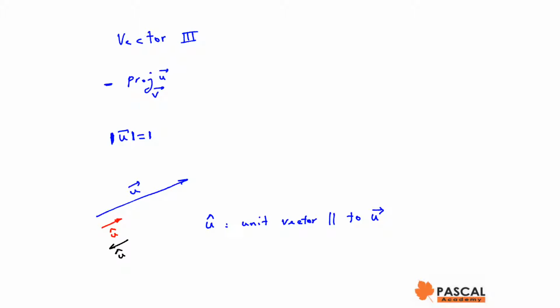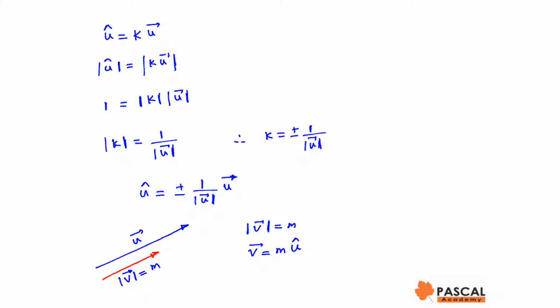Let's see what is the relationship between u and u hat. We know u is a scalar product of u hat. Therefore, u hat can be written as k times u. Therefore, magnitude of u hat and magnitude of ku are the same.